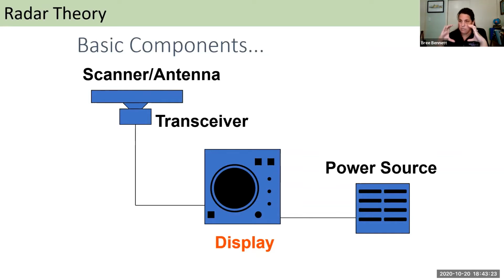It can be a very small display for those smaller recreational boats. And then you have to have some sort of antenna that can transmit and receive the radar signals. Those are your basic components. There are a lot more complex things, which we're going to dive into, but this is our basics.